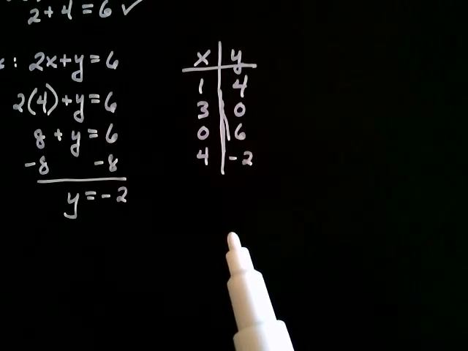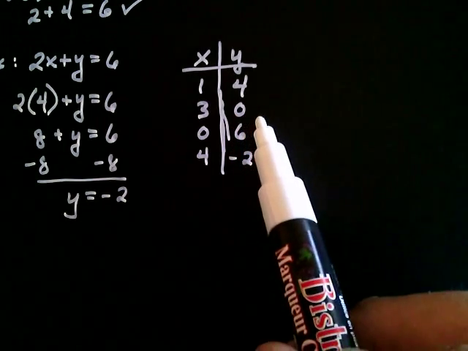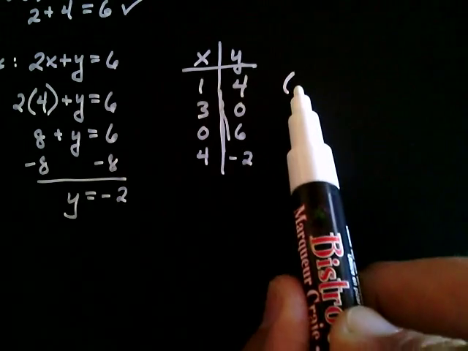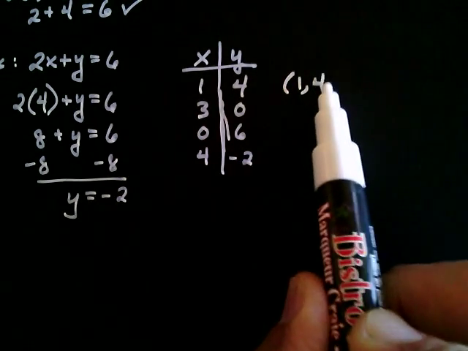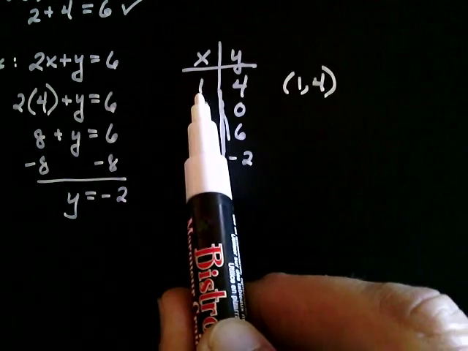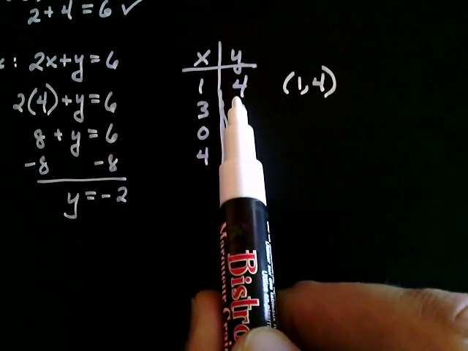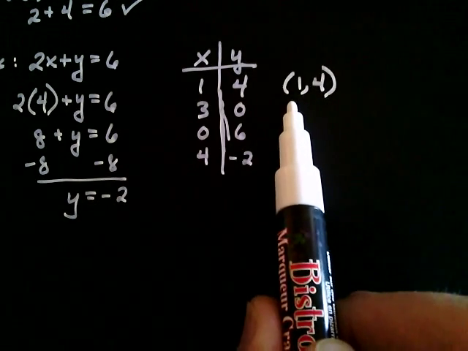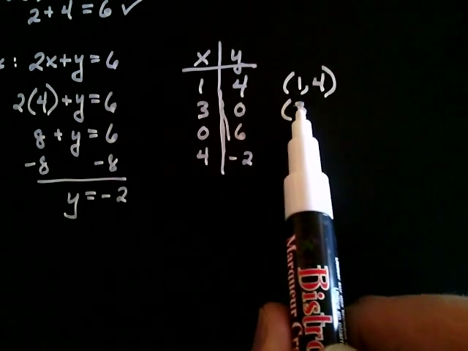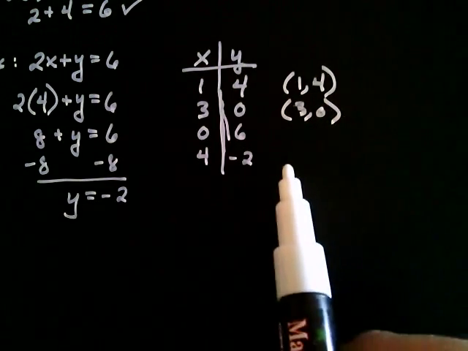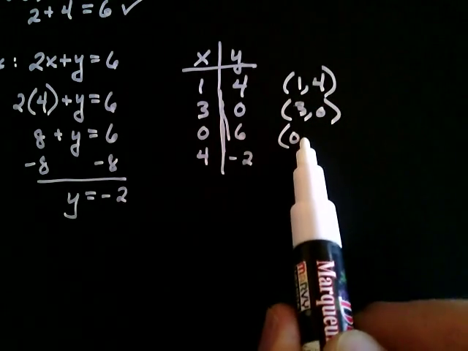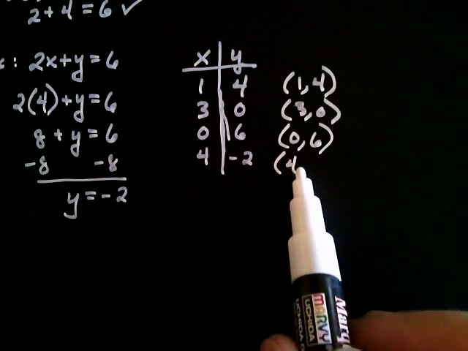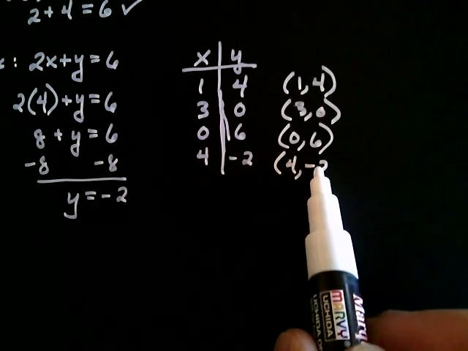Now, we often write this pair in a special way. We use parentheses, and we write the x first and the y second. So the pair 1, 4, that is when x is 1 and y is 4, is written like this: (1, 4). Likewise, the next pair would be (3, 0), the next (0, 6), and the fourth pair would be 4 for x and negative 2 for y: (4, -2).